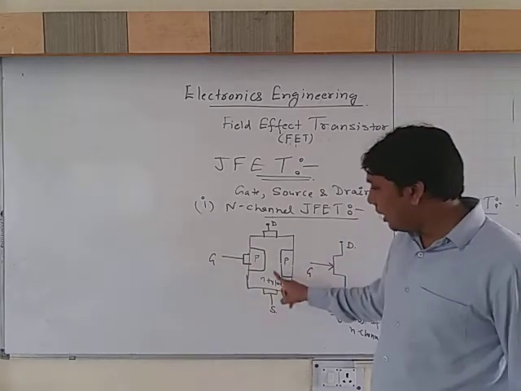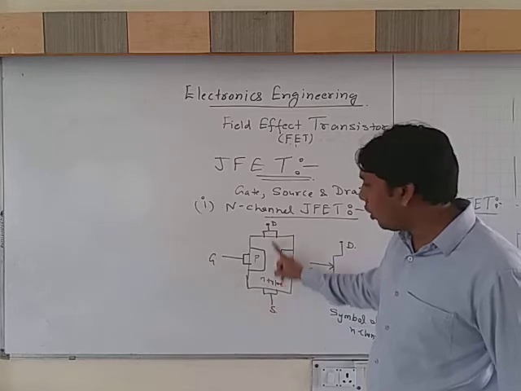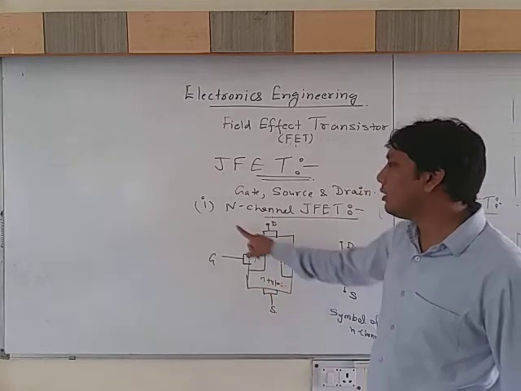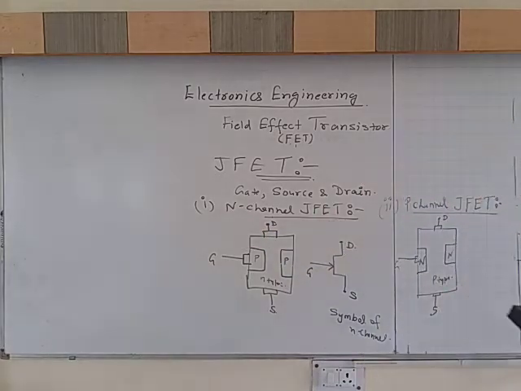And here the space, that is the channel from where the electrons will move, is made of N type semiconductor, hence this is given the name N channel JFET. The symbol of this P channel JFET is like this. We have the arrow outward side.